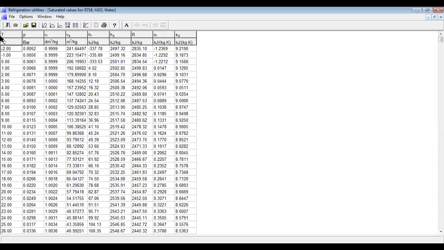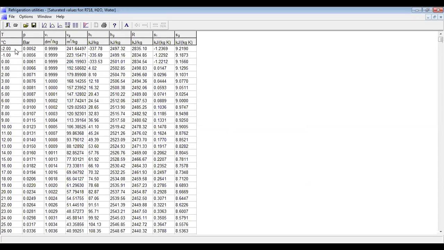Select water, and you will get temperature, pressure, specific volumes for liquid and gas, enthalpies, and entropy values, let's say SL and SG. So you can see these property tables here.